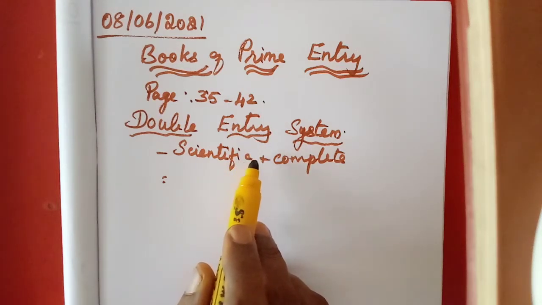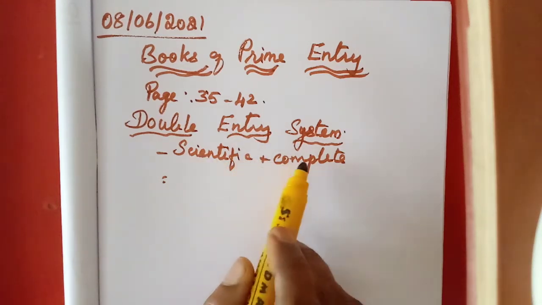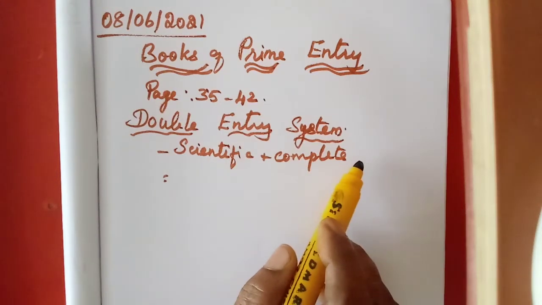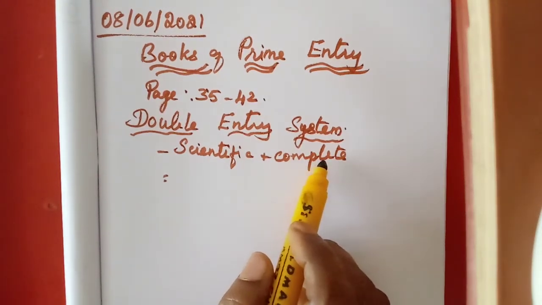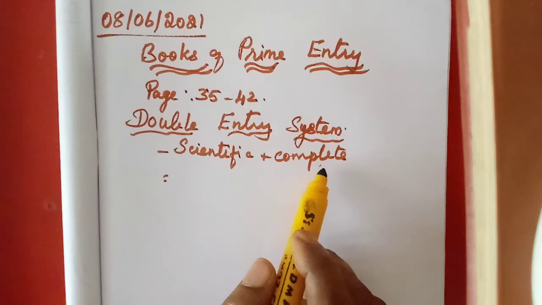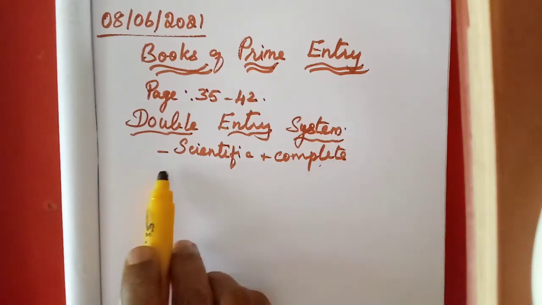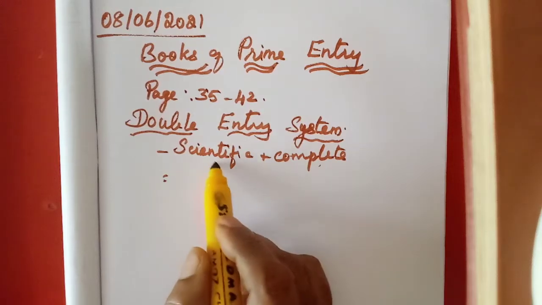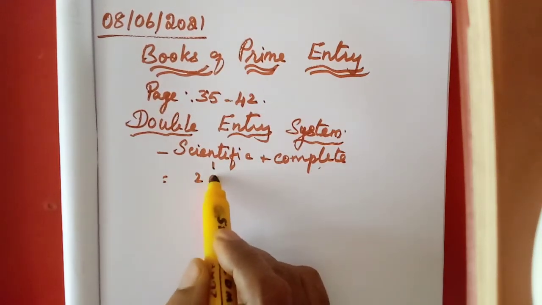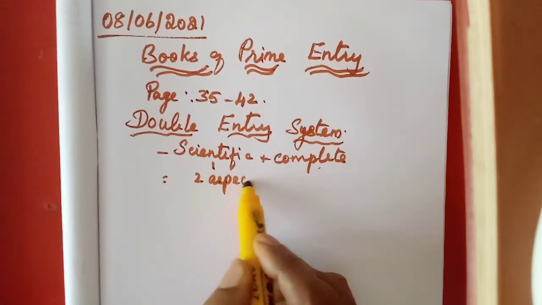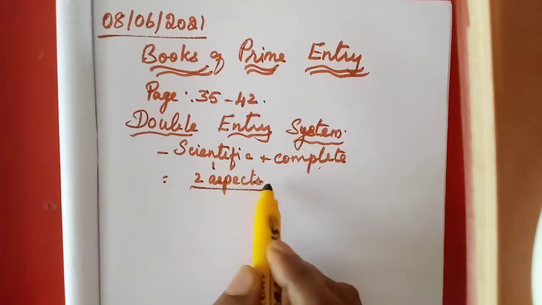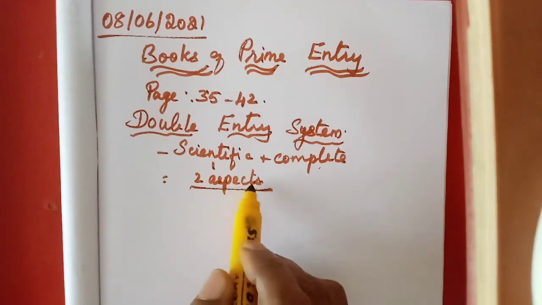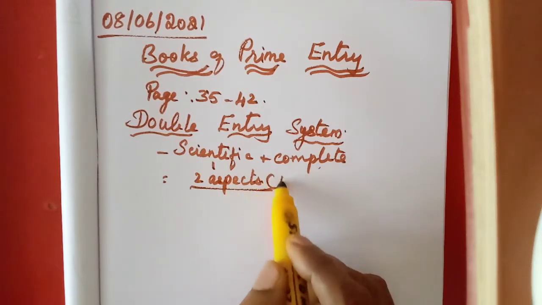So we can say it is a scientific and complete system of recording business transactions or financial transactions in the books of accounts. It is a scientific system. Why? Because it has minimum two aspects of each transaction. More than two aspects, or two accounts, also we can say.